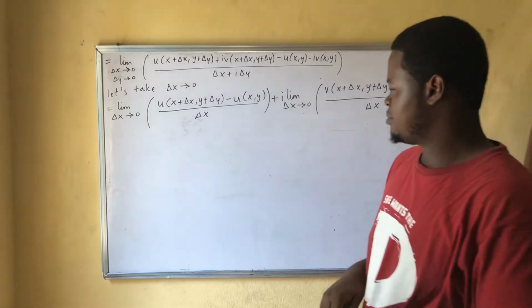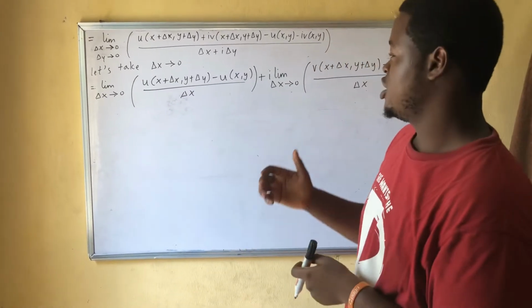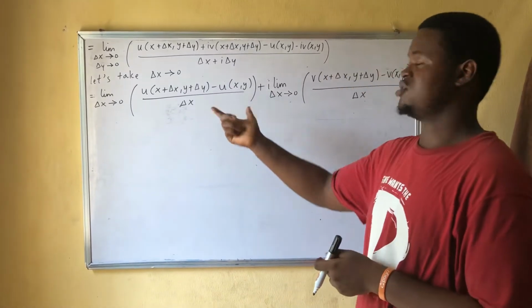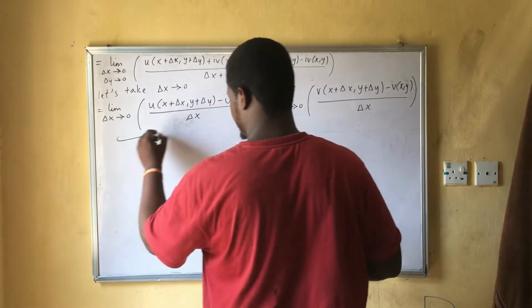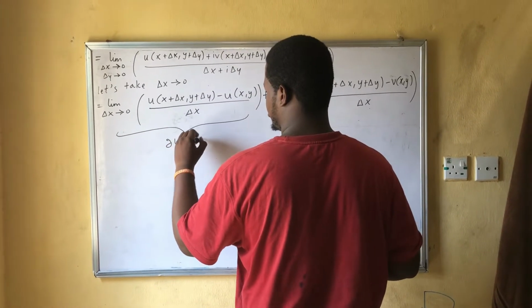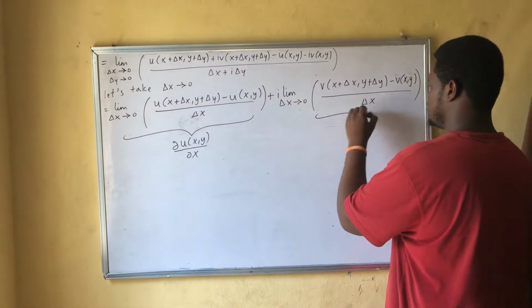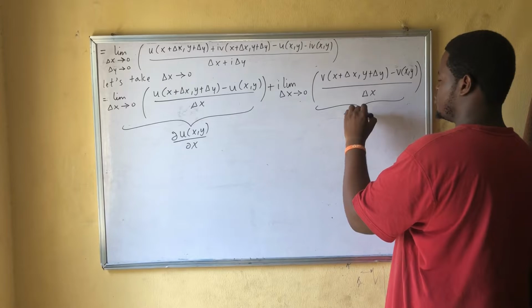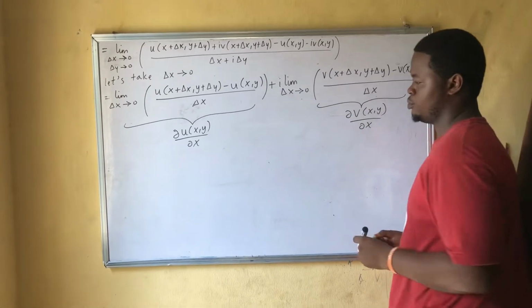Looking at this, by definition this is just the definition of a derivative, but multivariable. So this is the partial derivative of u with respect to x, and this is the partial derivative of v with respect to x also.